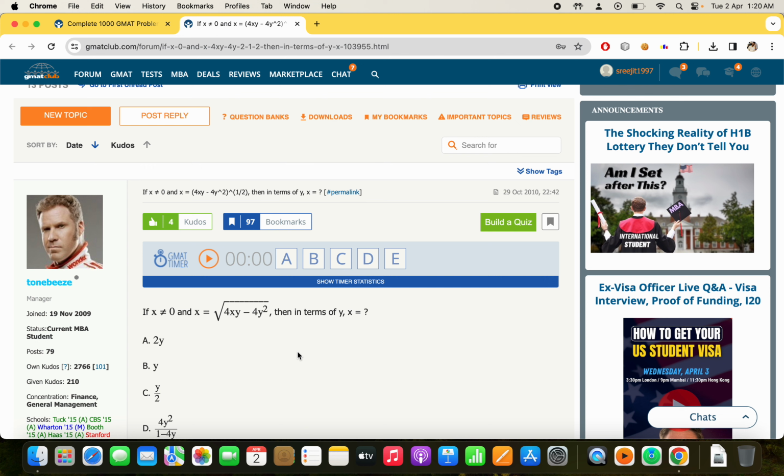Solving this equation, x square... 2x. So x minus y whole square minus 2xy equals 0, which is x.